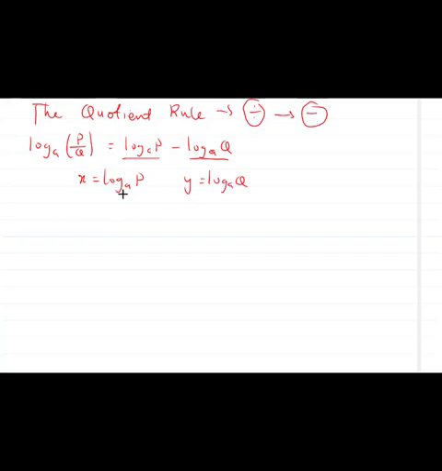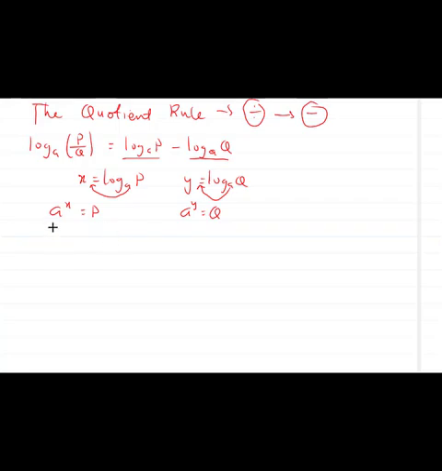Let's change this to exponential form, so we can write this as a exponent x is equal to p. Then this will also be a exponent y is equal to q. Since they are dividing, let's divide these two equations.